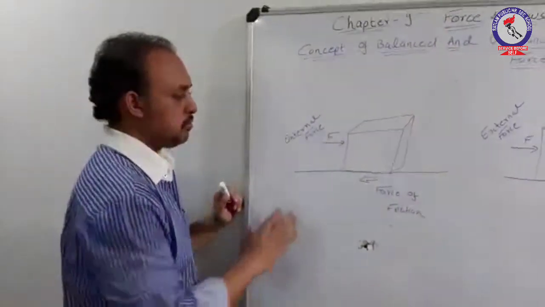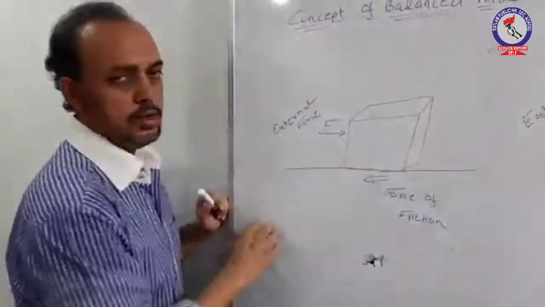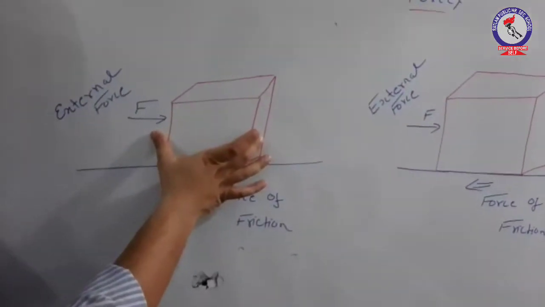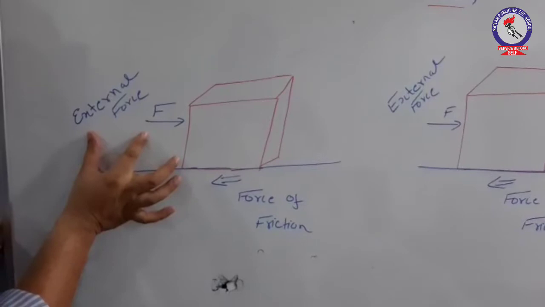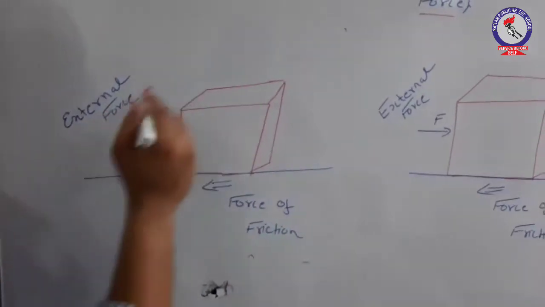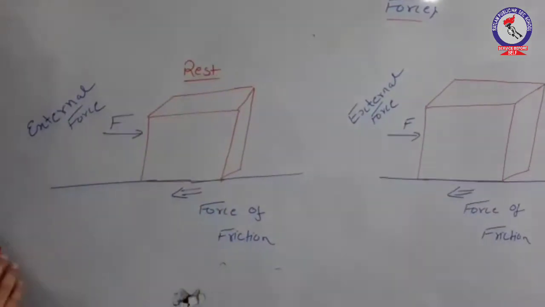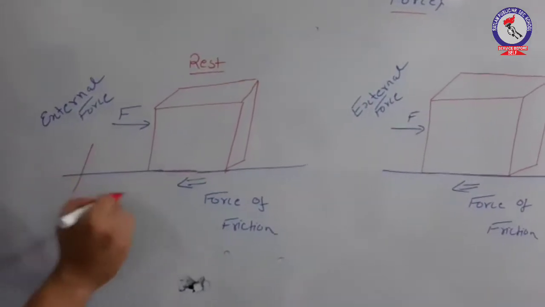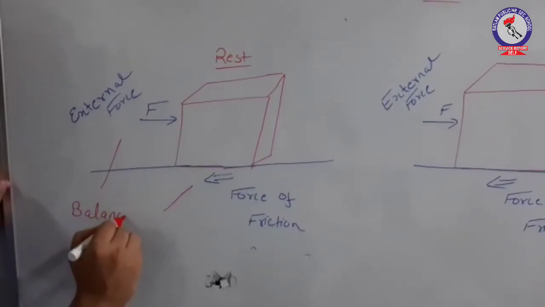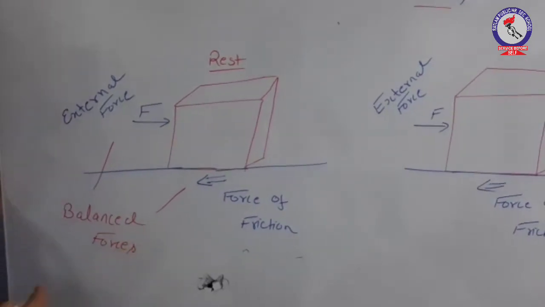Let us suppose we are applying a certain amount of external force in that direction. Up to a particular condition, the box is not moving, which means the external force is cancelled by the force of friction and the box is still at rest, which simply implies that both these correspond to balanced forces.